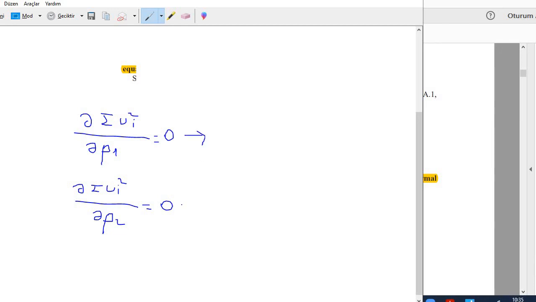So this leads to normal equation 1 and normal equation 2.